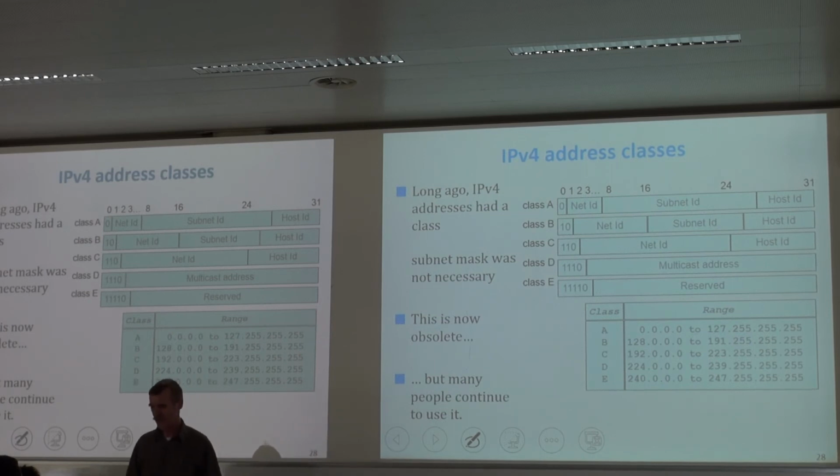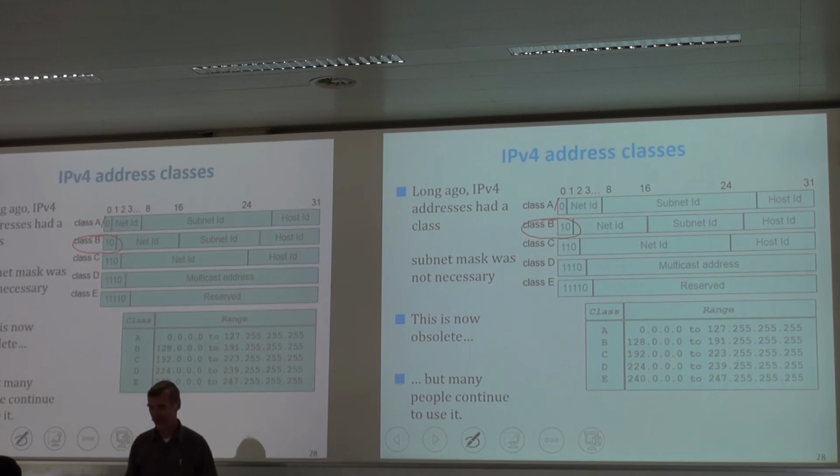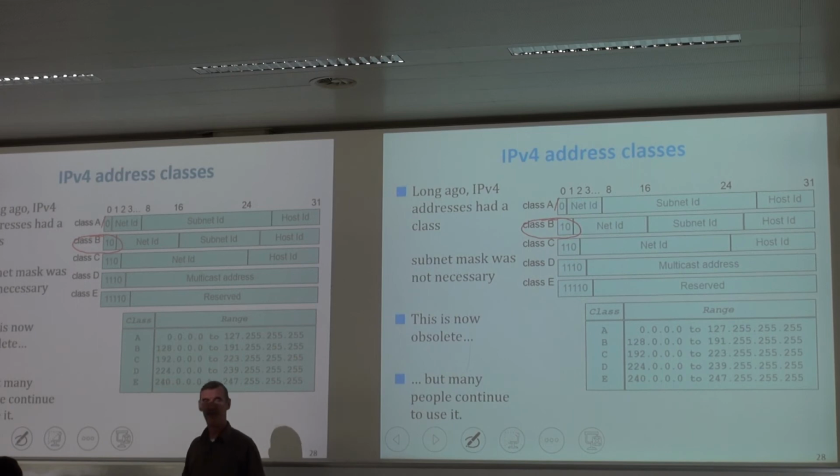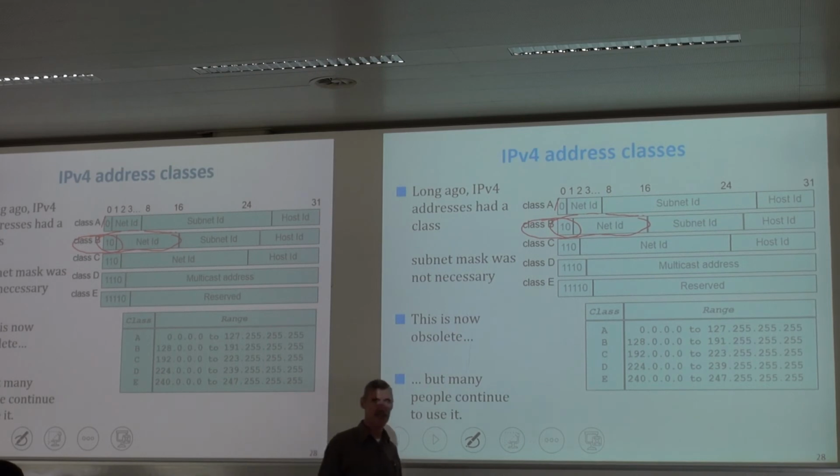If the first 2 bits of the address are 1, 0, that means the address is somewhere between 128 and 191, like the EPFL address, the network ID was supposed to be the first 16 bits. And many systems treated the network ID as equal to the network part.